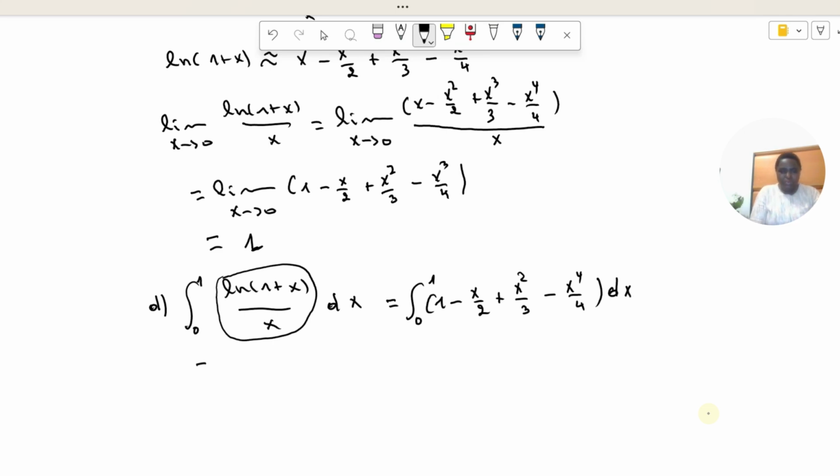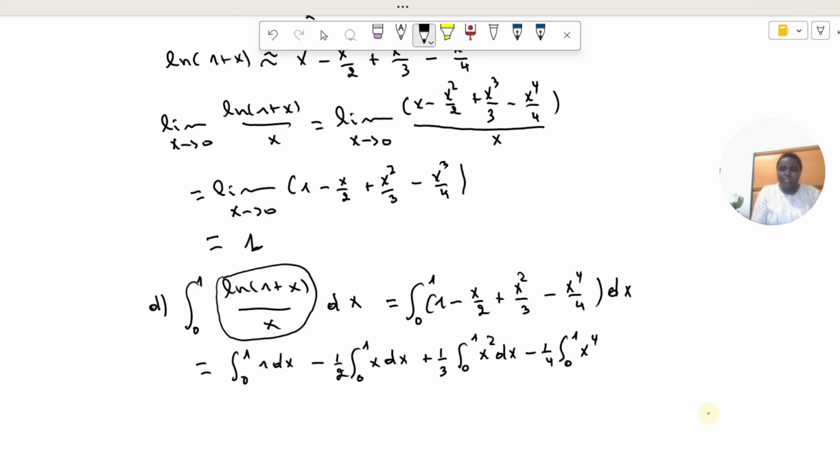So this will be equal to the integration from 0 to 1 of 1 dx, minus 1 over 2 integration from 0 to 1 of x dx, plus 1 over 3 integration from 0 to 1 of x squared dx, and minus 1 over 4 integration from 0 to 1 of x power 4.